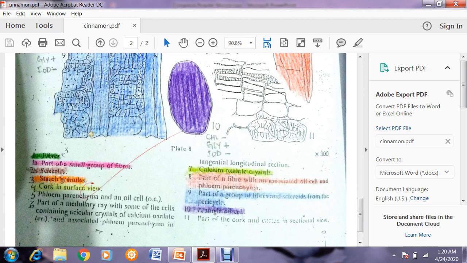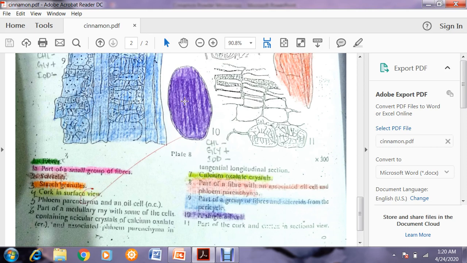Number 9. What is number 9? You remember this? This is a sclereid. This is a fiber. Now read it in detail: part of a group of fibers. These are the fibers and sclereids from the pericycle.